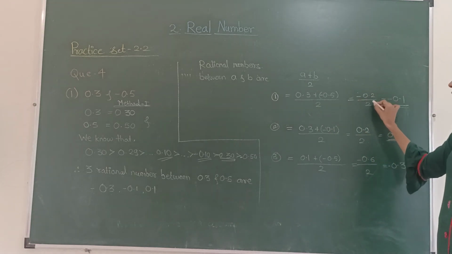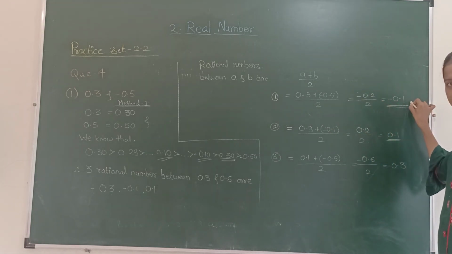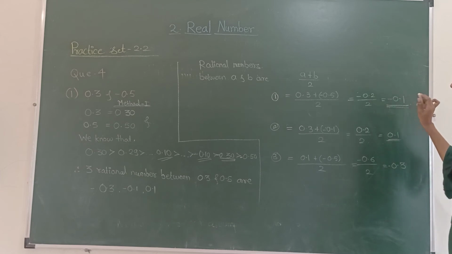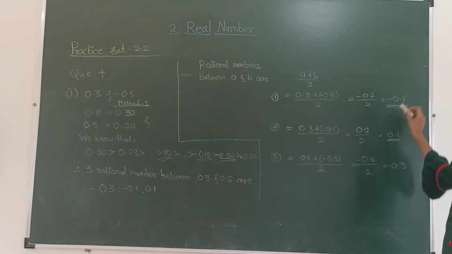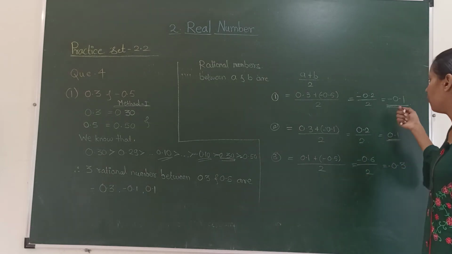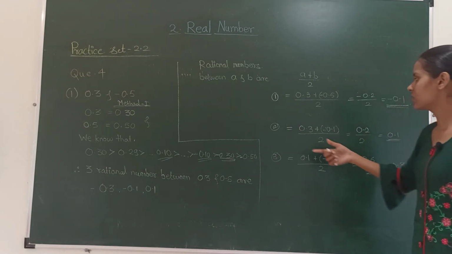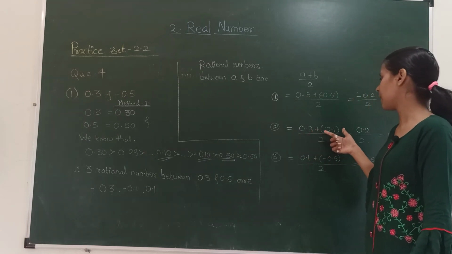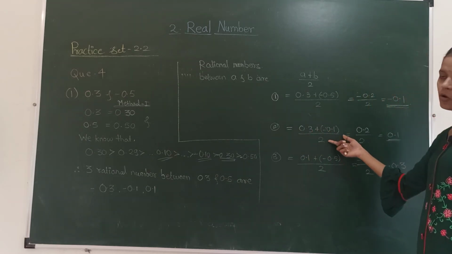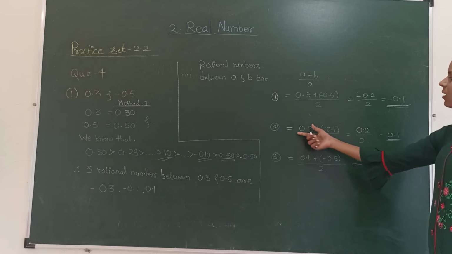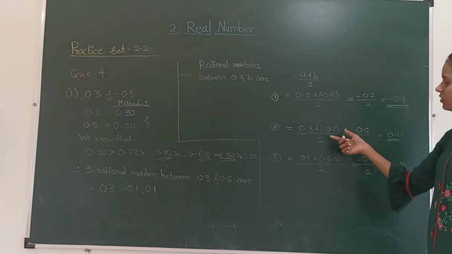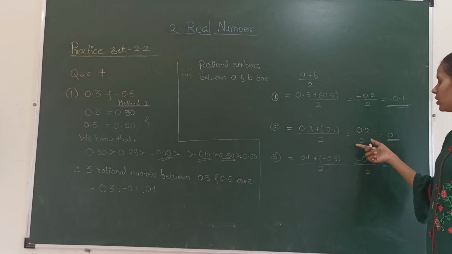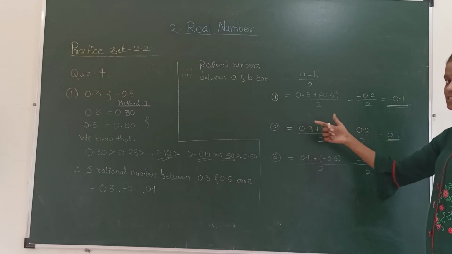So, this gives the first rational number between the two numbers. Now, we take minus 0.3 and minus 0.1, upon 2, minus plus minus gets minus, and 0.3 plus 0.1 is 0.4 with the sign of the bigger number.